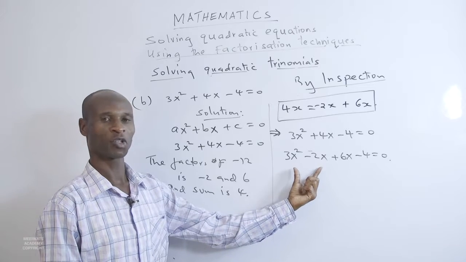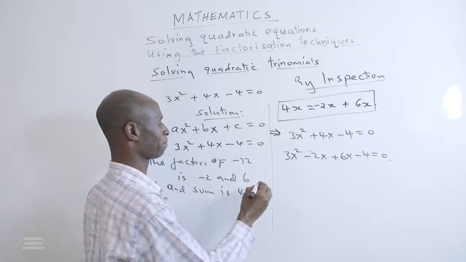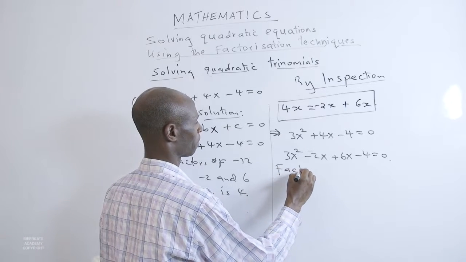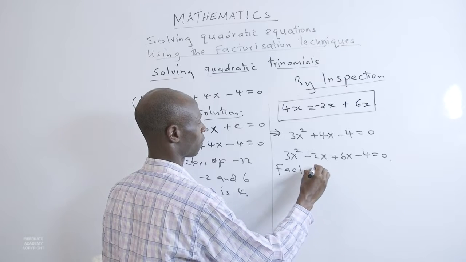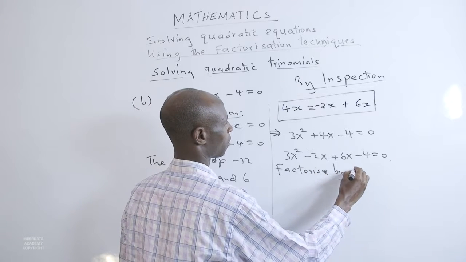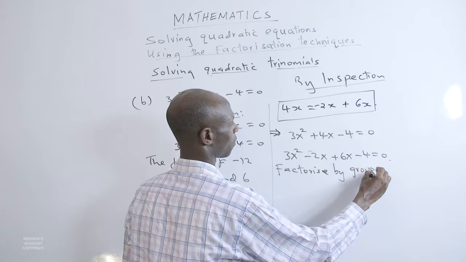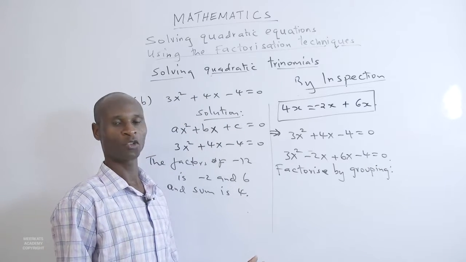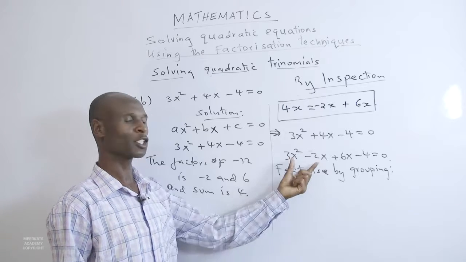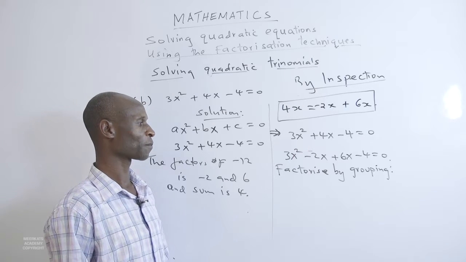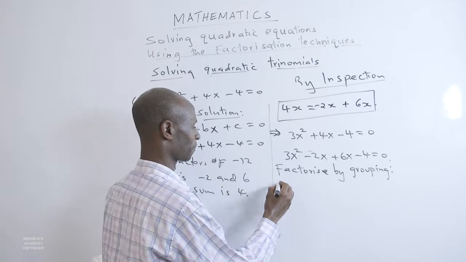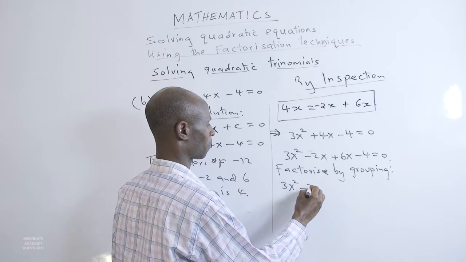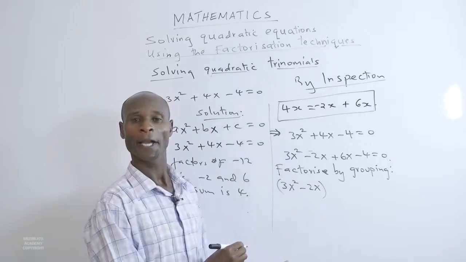We now do factorization by grouping. That is, we pair the first two terms and the last two terms. So that means we pair like that.